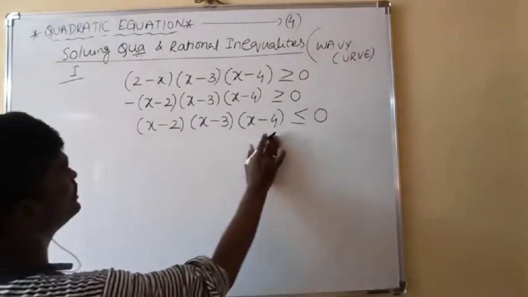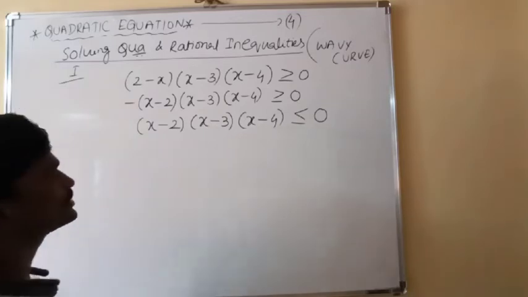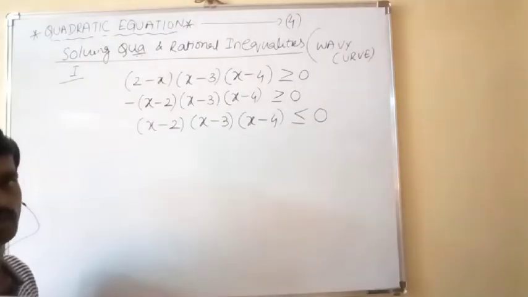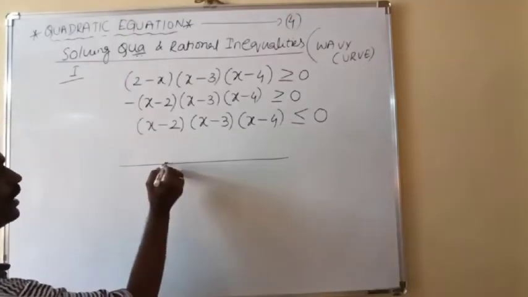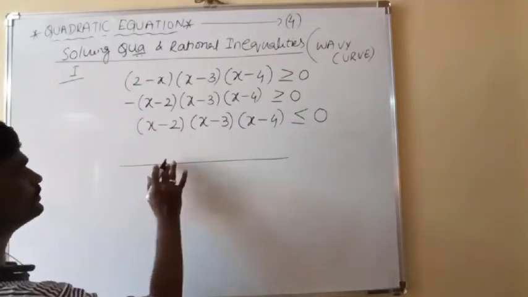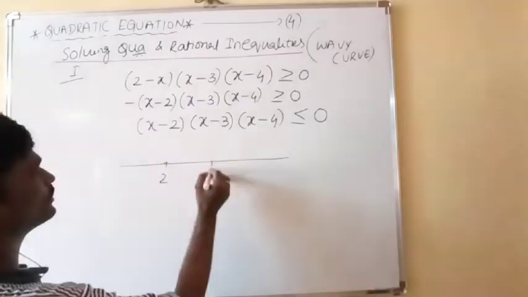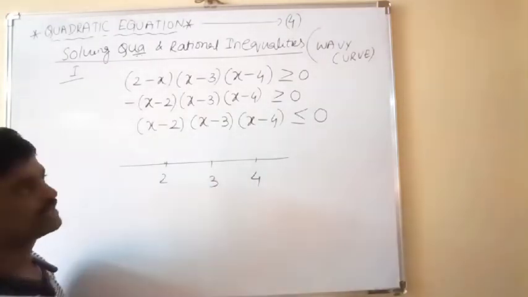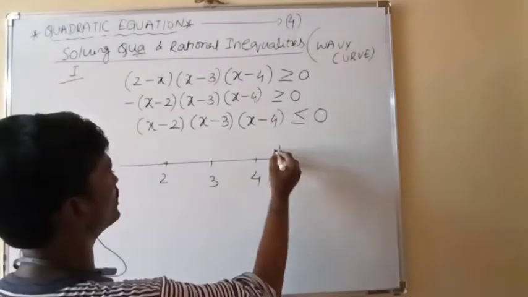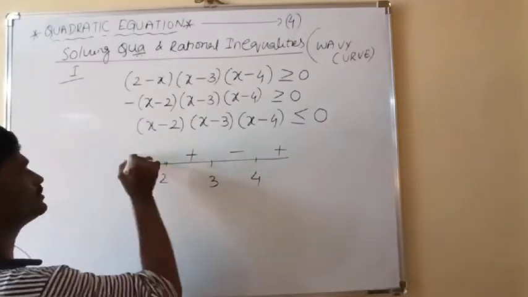Where is this product equal to 0? When x is 2, 3 and 4. So draw the real line and identify those points 2, 3 and 4. As usual, after the greatest root, plus, next minus, plus, minus.